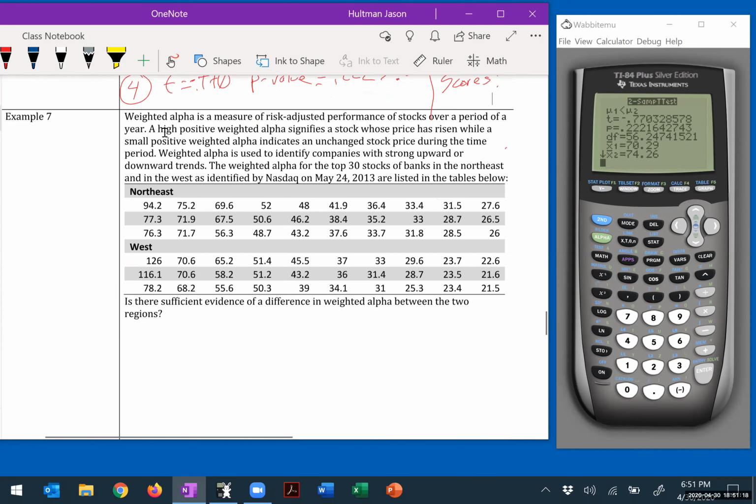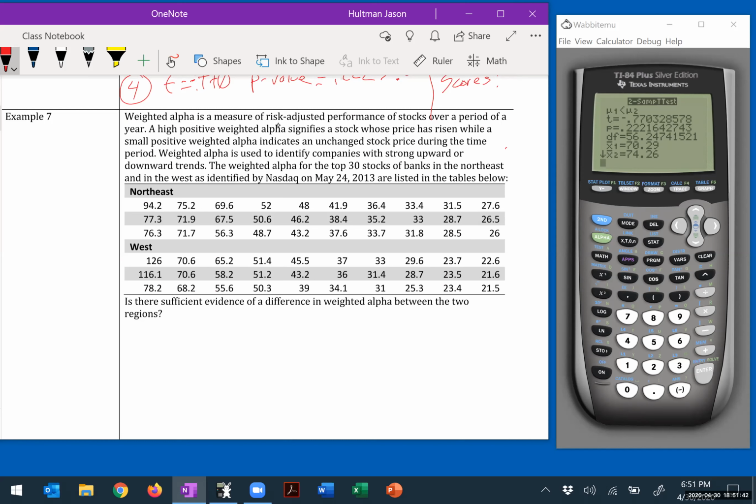Okay, what about example 7 here? It says weighted alpha is a measure of risk-adjusted performance of stocks over a period of a year. A high positive weighted alpha signifies a stock whose price has risen, while a small positive weighted alpha indicates an unchanged stock price during the time period.